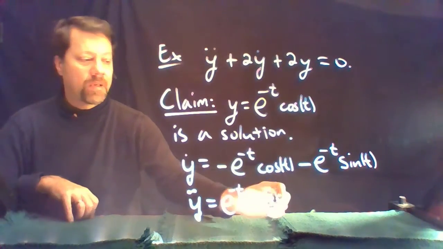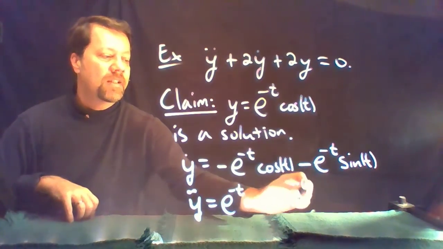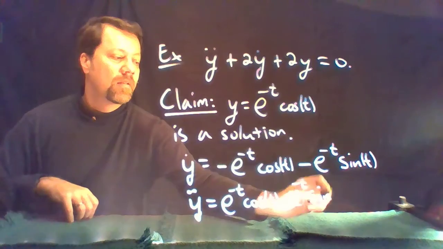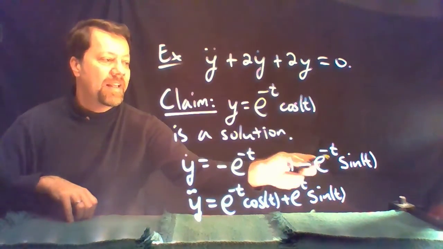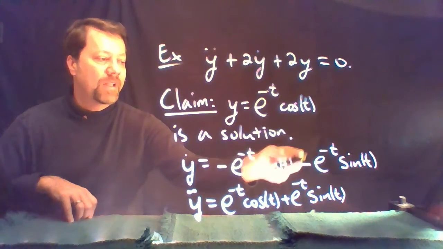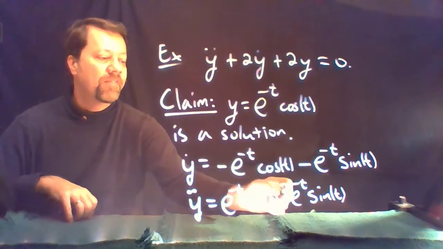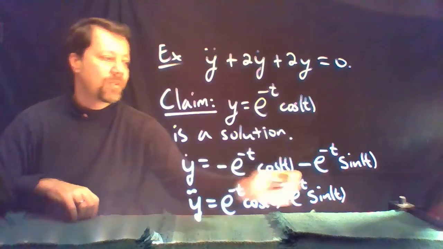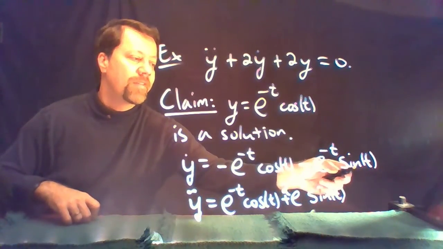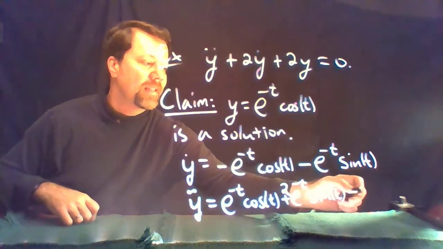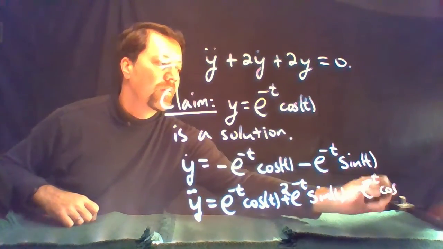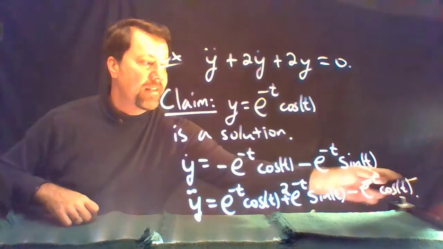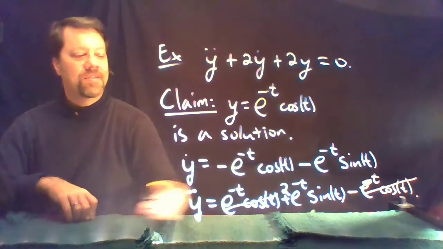Derivative of the cosine part gives us plus e to the minus t sine t. When we take the derivative here of the e to the negative t, we'll get another plus. So I should get 2 of those terms. And then when I take the derivative of the sine part, I'll get a cosine, so that's minus e to the minus t cosine of t. This term will exactly cancel this term.